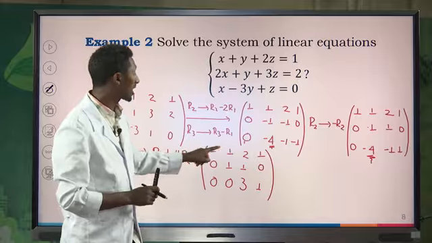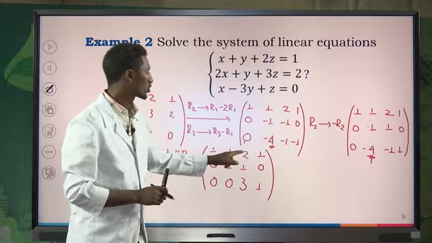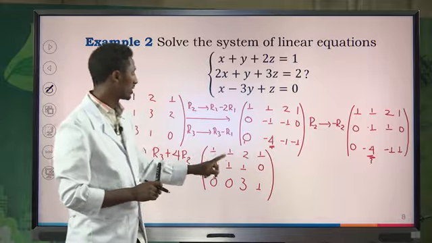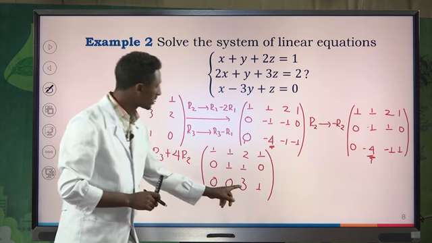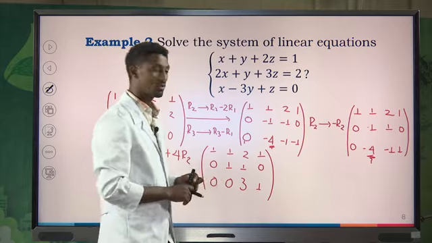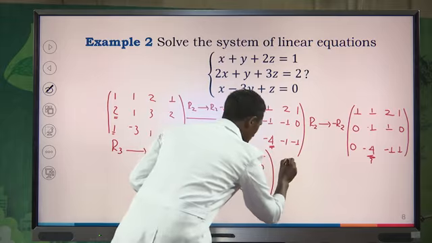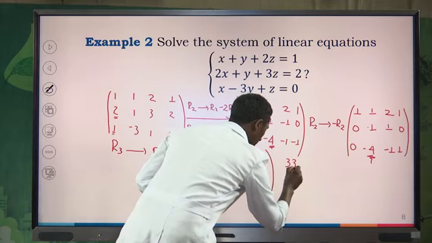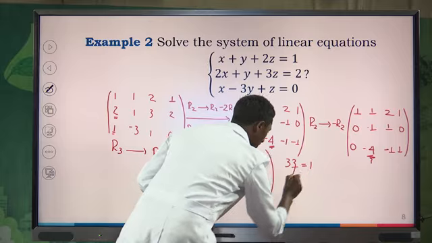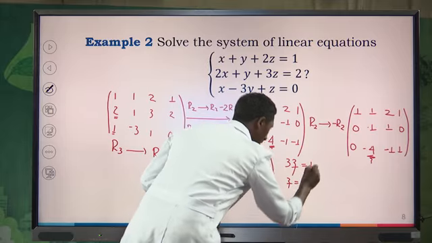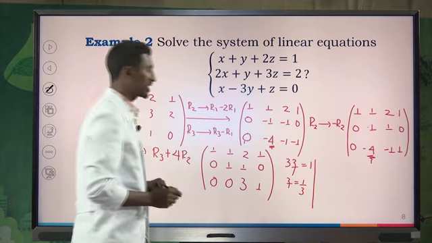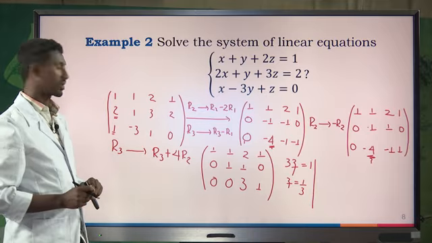We can write x plus y plus 2z equals 1, y plus z equals 0, and the last one, 3z equals 1. So z equals 1 over 3. So we have this value from the last row.